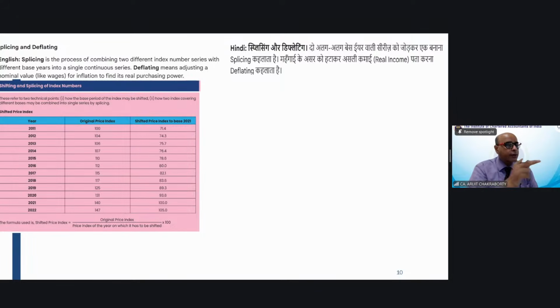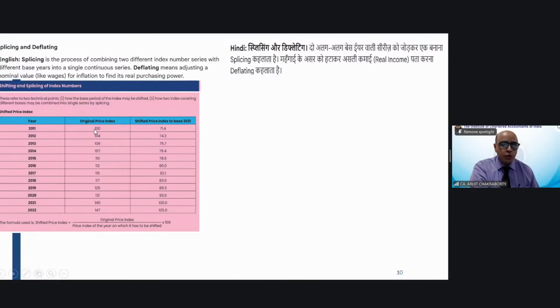You can calculate: original price index for 2011 is 100, and we divide it by the original price index of the year 2021, क्योंकि अभी यहाँ पे base year has been shifted to 2021. So for 2021 it is 140. So the corresponding shifted price index for 2011 is how much?